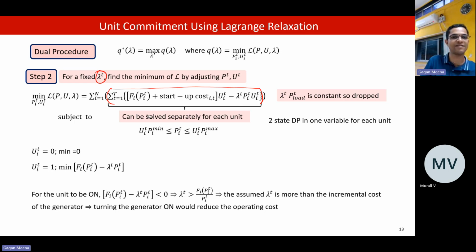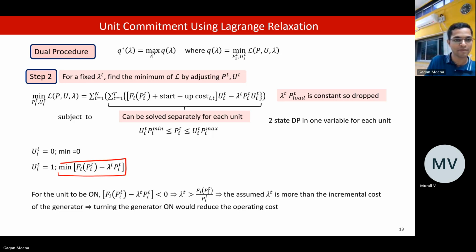So we can see here, if ui is 0, then this total function becomes 0. If ui is 1, then it becomes fi(pit) minus lambda t times pit. We want the minimum of these two.